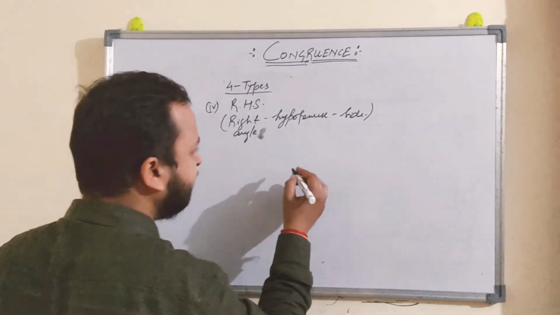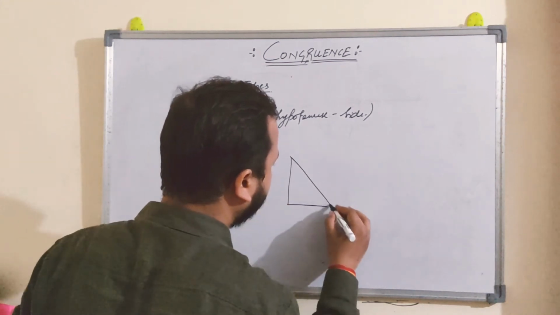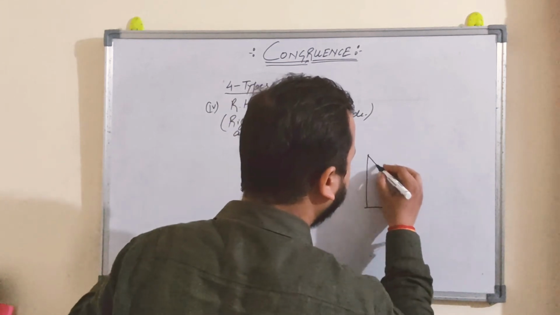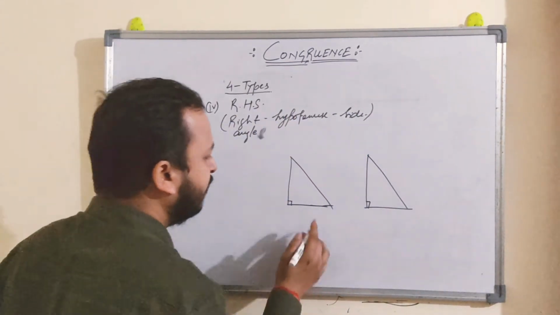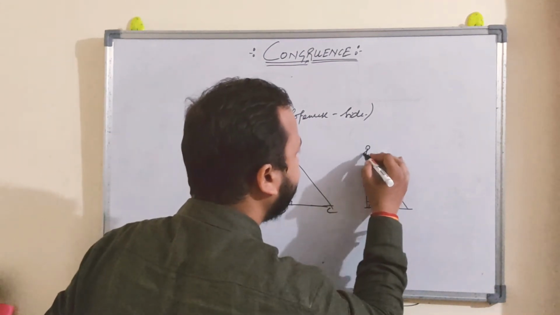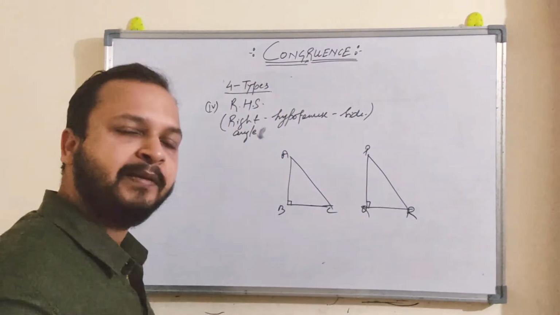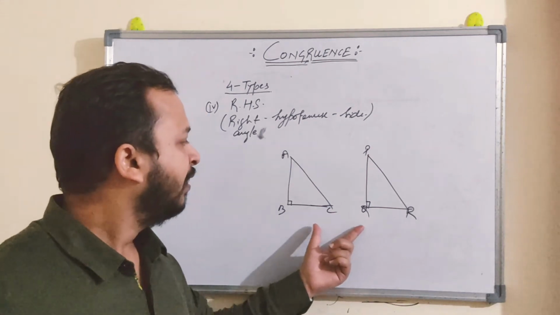So right angle means we are talking about right angle triangle. This is a right angle triangle, suppose, right? If this is A, B and C, P, Q and R, here two triangles are given, triangle ABC and PQR, and they are right angled at B and Q.